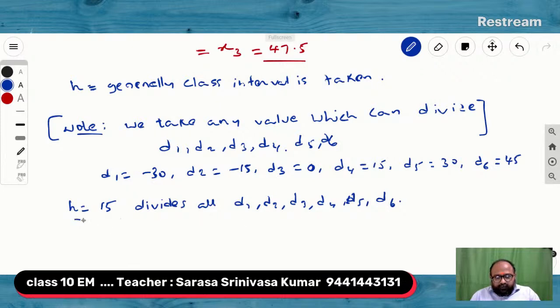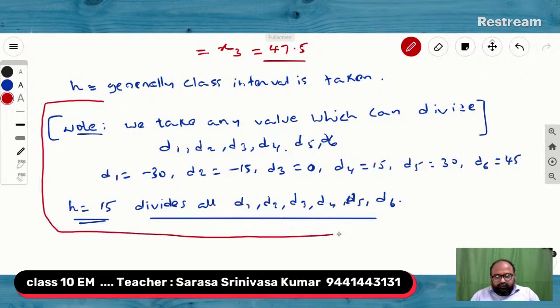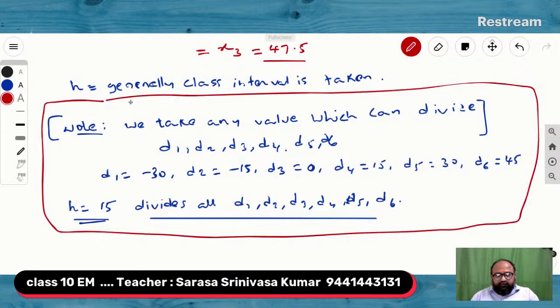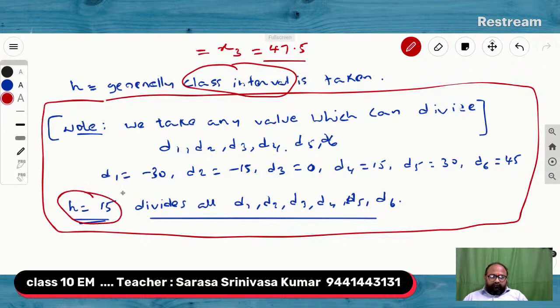I have given this information so that you need not worry how to choose H. In most cases, H is taken as the class interval, but it is not compulsory to take the class interval only. We follow this method.